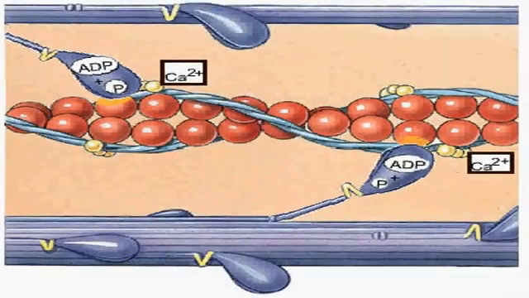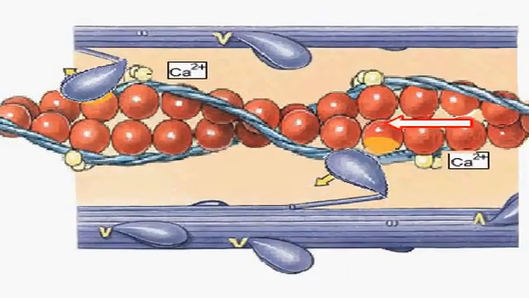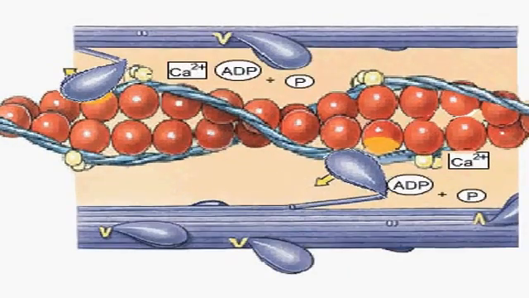What's happening now is that those myosin heads are connecting to those active sites, and the next stage is what they call the power stroke. Now, during the power stroke, the ADP and the phosphate ion that was sitting on the myosin head are ejected off and release energy at that time, and the energy is what is used to actually make that power stroke.